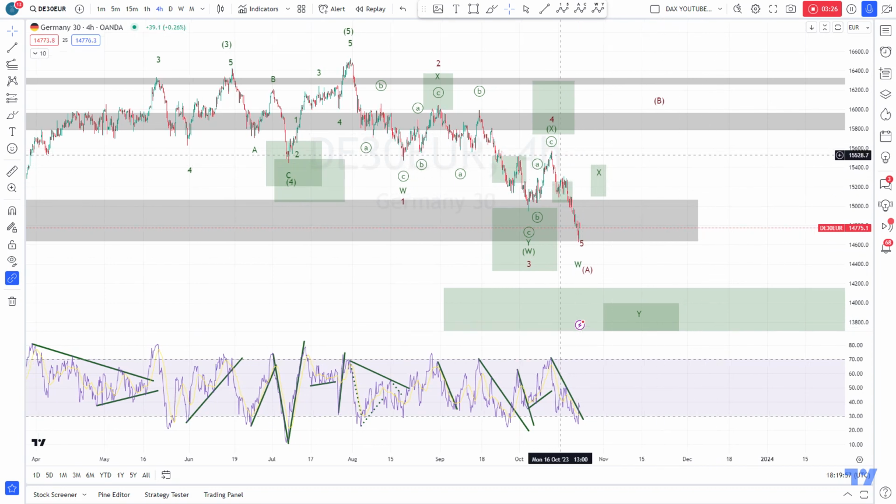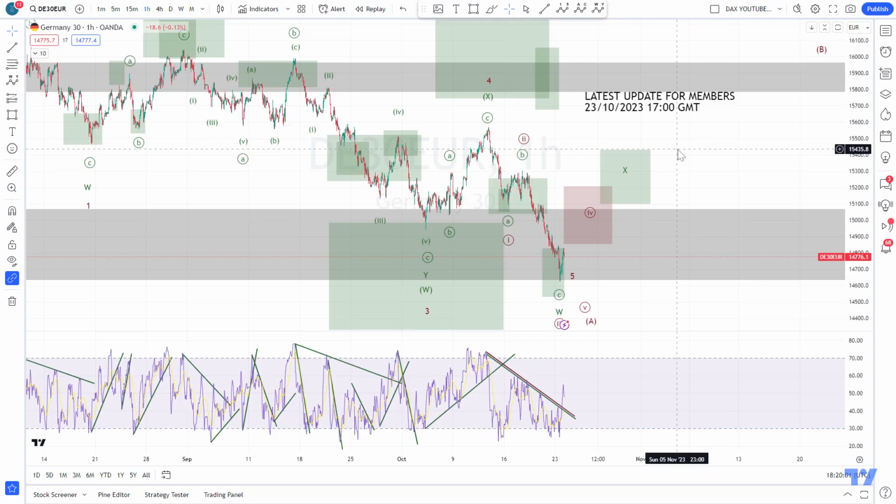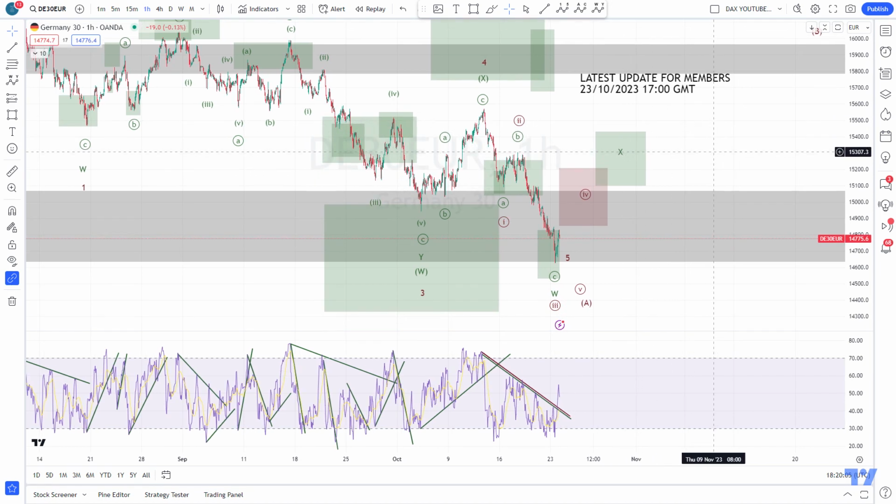And so then let's zoom in to the 1 hour time frame. And actually, we will soon know if it is the WXY scenario or the ABC, because it looks like so far we have only 3 waves here, 1, 2, 3.